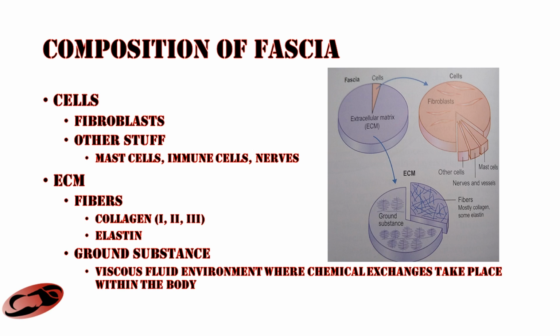Now, there are many different types of collagen that exist, but mostly what we see in fascia are collagen types 1, 2, and 3. And these each have slightly different characteristics. Type 1 fibers are like those in the skin, in the tendons, and parts of the body like that.